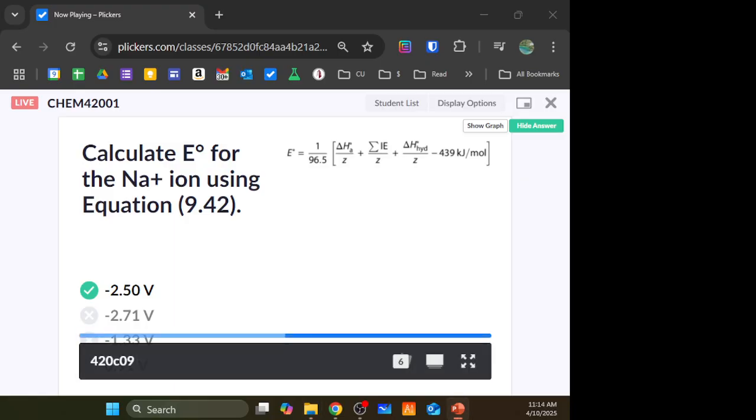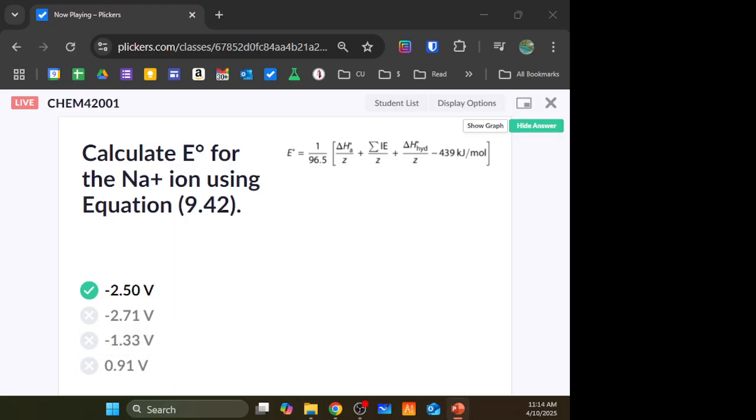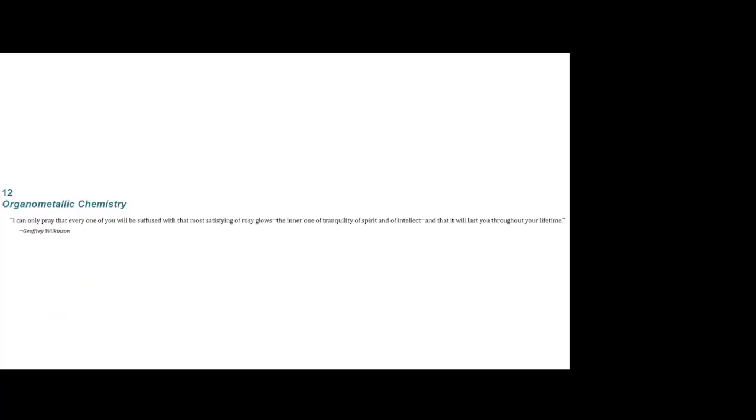Okay. So we're going to go ahead and go on to chapter 12 now. All right, and so this is going to be the organometallic chemistry. And you're going to notice that of the first part of this chapter, you're not going to have one single item that would have been in the previous chapters.